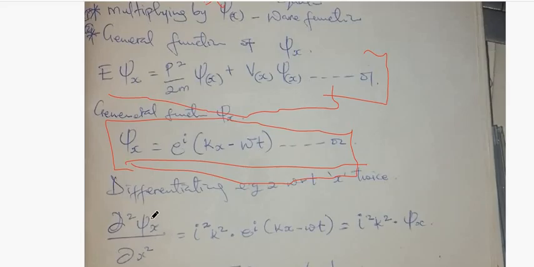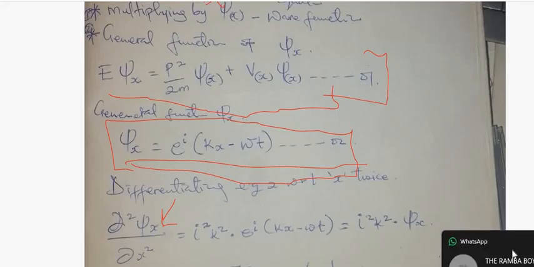The same method that I used in differentiating the Schrödinger time-dependent is the same way that I've differentiated this. So delta squared psi of x all over delta x squared is equal to i squared k squared times exponential i into k x minus omega t.